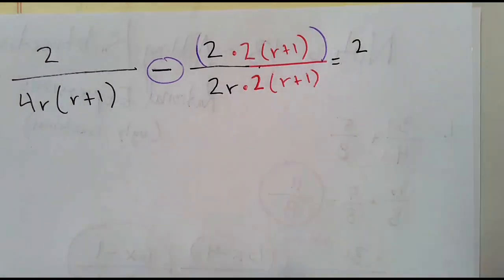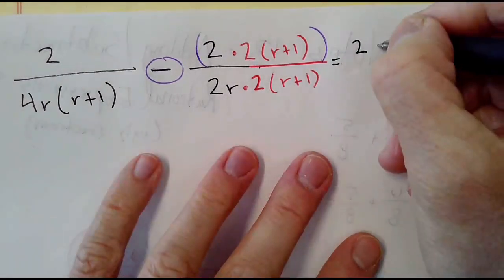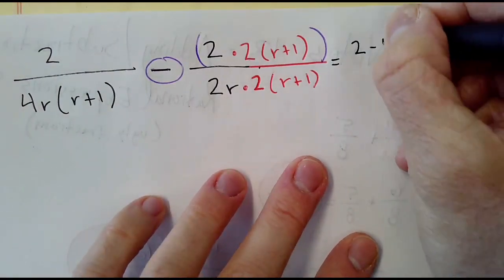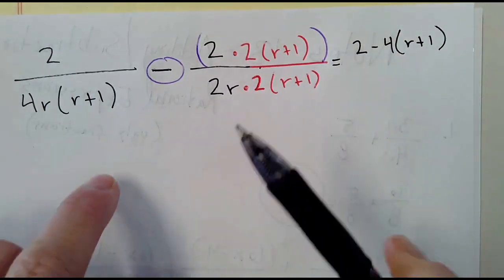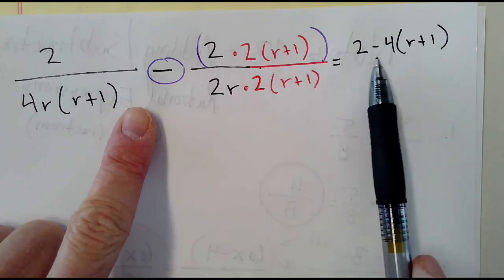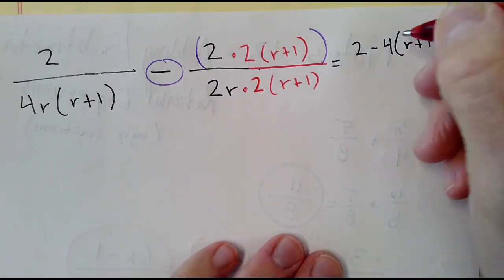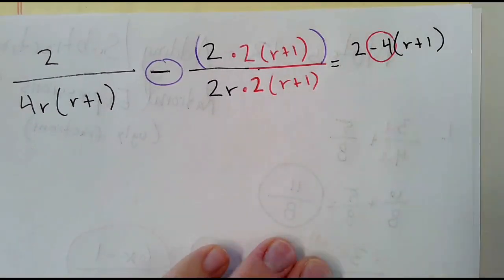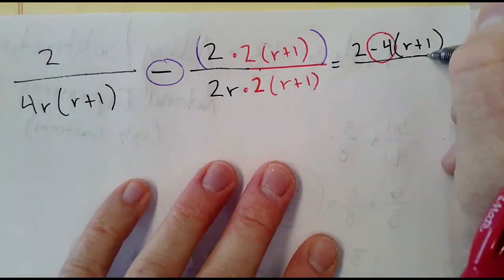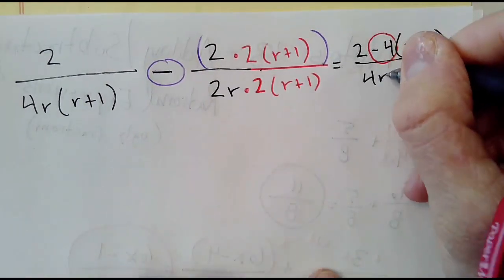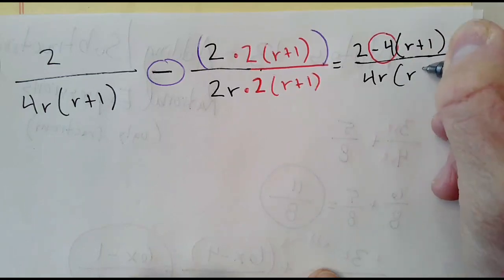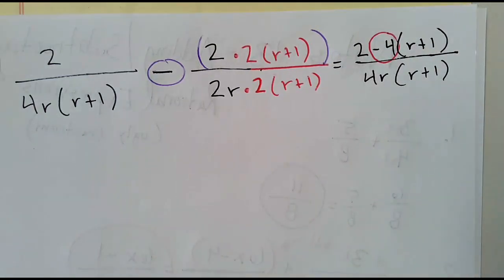So we'll go minus 4 times our r plus 1, and that's going to give us the right answer, but we need to make sure to distribute the negative 4 over that same 4r times r plus 1.